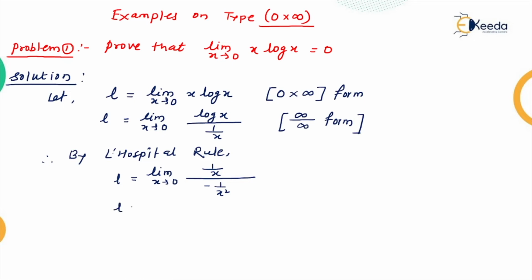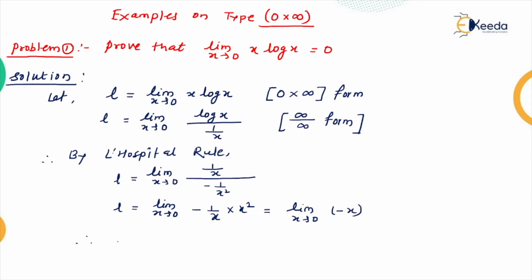This can be written as minus of 1 divided by x into x square, so what remains is limit as x tends to 0 of minus x.